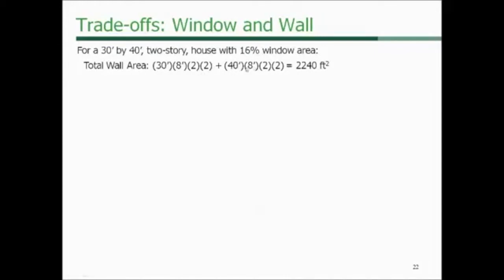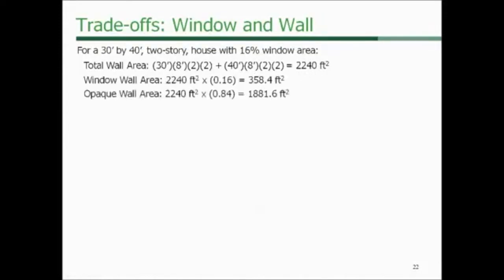And similarly for the 40-foot side, which gives us 2,240 square feet. And 16% of that is window, and that leaves 84% opaque. So we've got a window area of about 360 square feet and an opaque wall area of about 1,880 square feet.